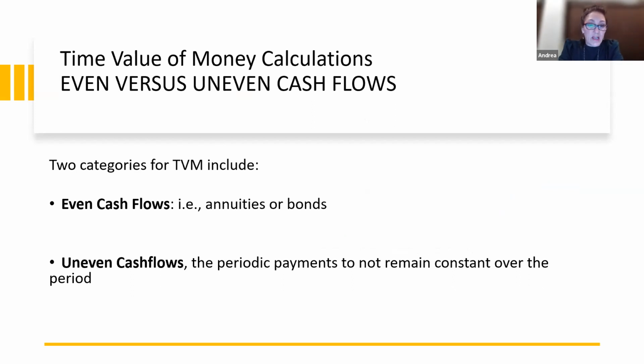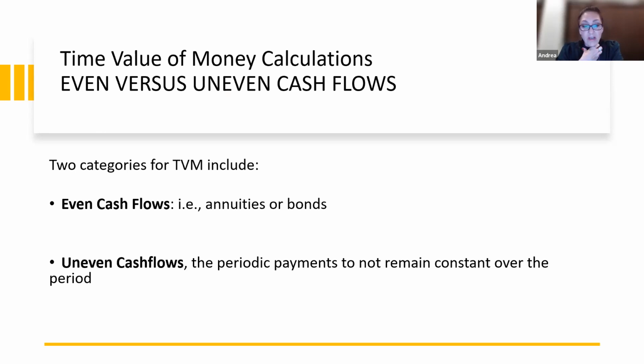Some of the calculations we're going to do involve what we call even cash flows and then uneven cash flows. If you're confused as we're going through it, don't worry, it'll make sense as we answer the questions. Even cash flows are when you have an annuity or a bond. They generally pay an even amount in some periodic time. It could be monthly, semi-annually, or annually, but it's an even amount.